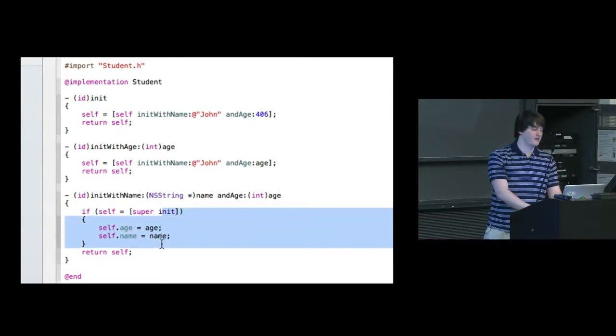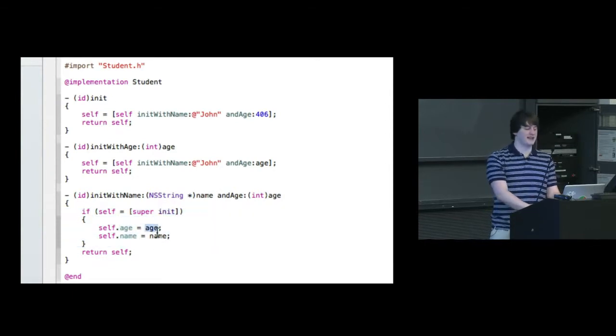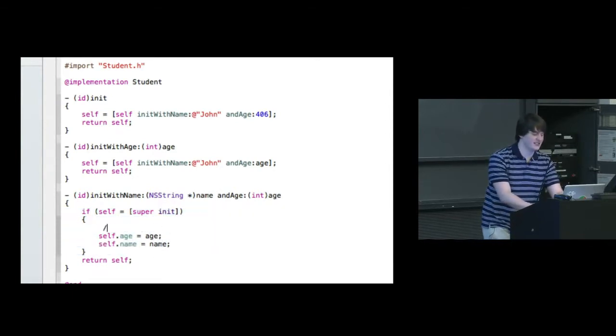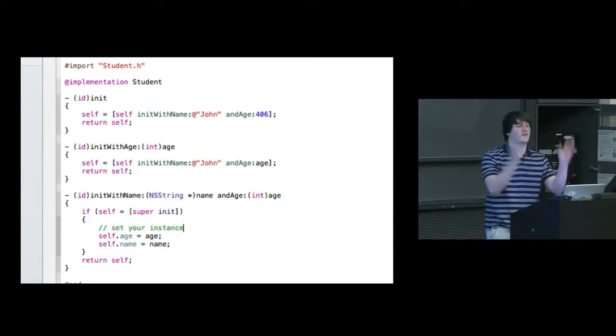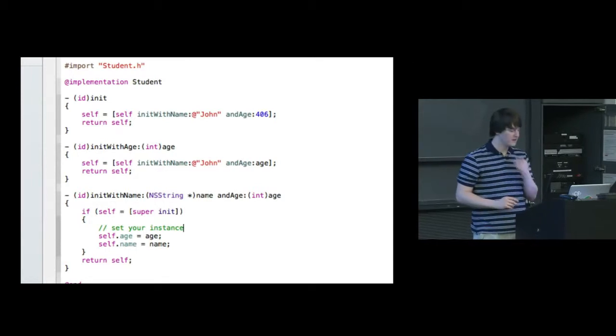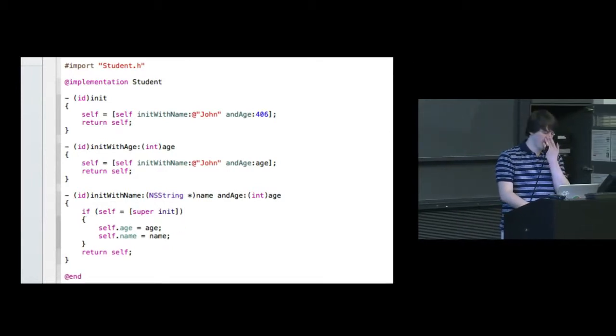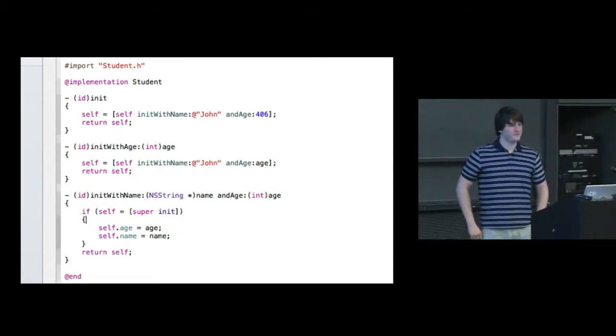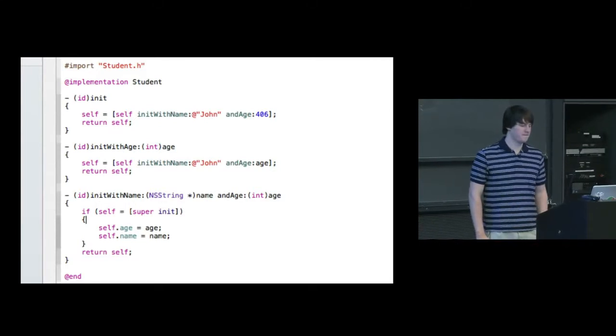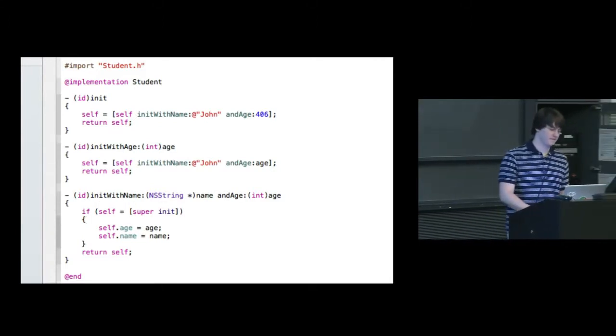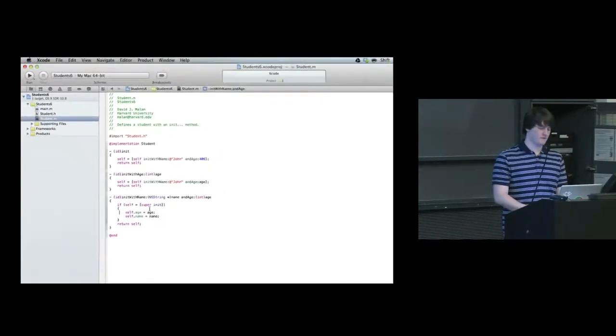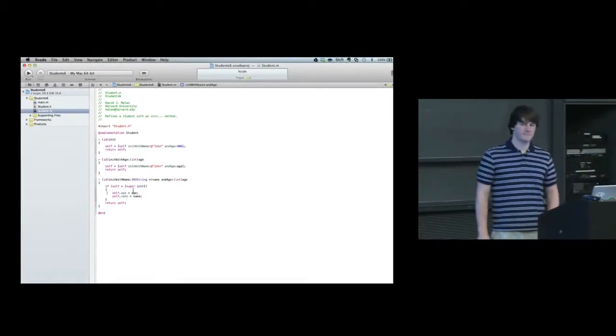So you should almost always copy and paste this, and then in these curly braces is where you set your instance variables, or NSLog, whatever it is you want to NSLog. So you should always initialize the super, because there might be something in that superclass that is essential for everything else to work.